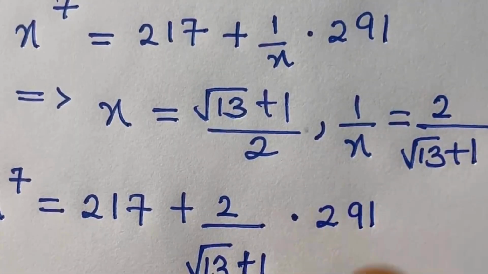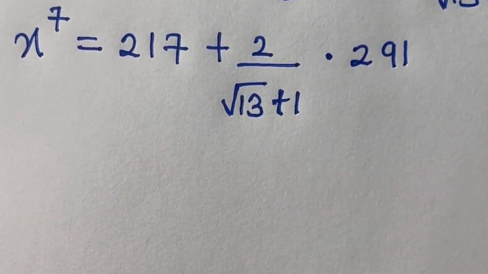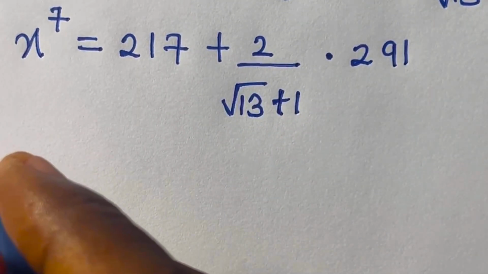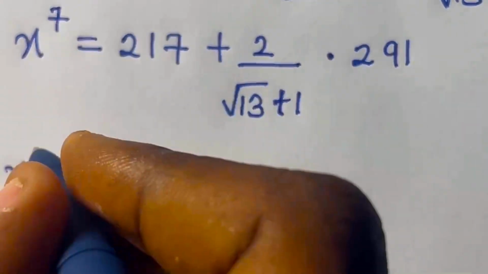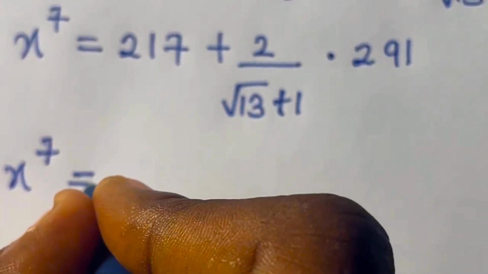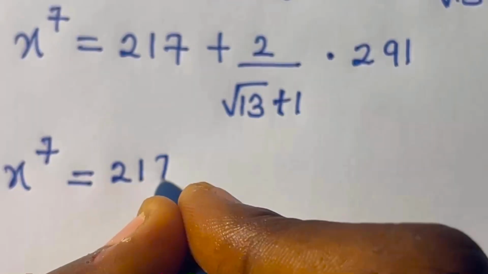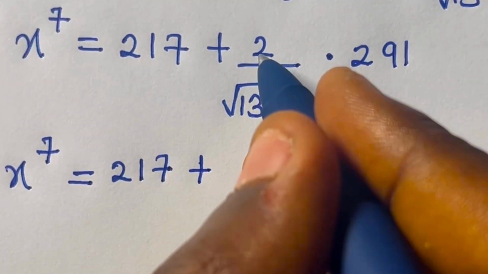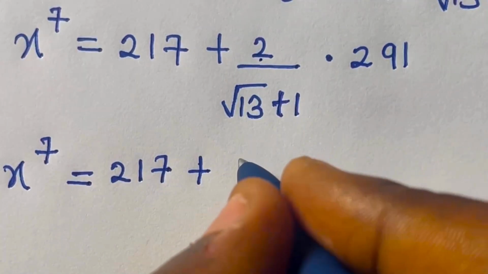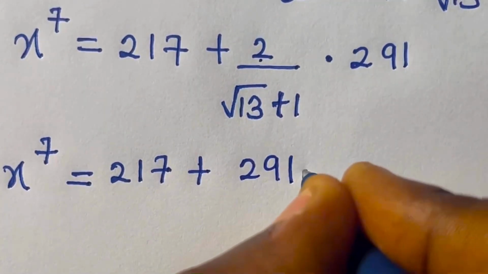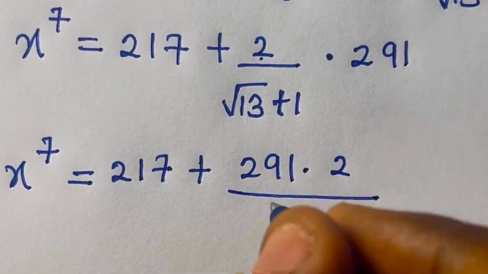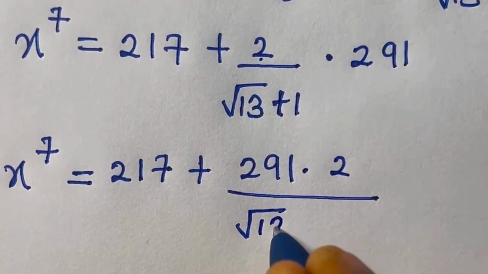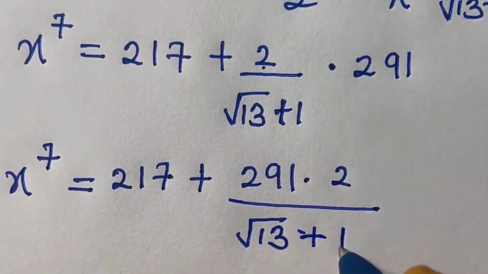All right, so now here we have 2 divided by square root of 13 plus 1 multiplied by 291. So now we will have x raised to the power 7 equals 217 plus 291 times 2, then divided by square root of 13 plus 1.